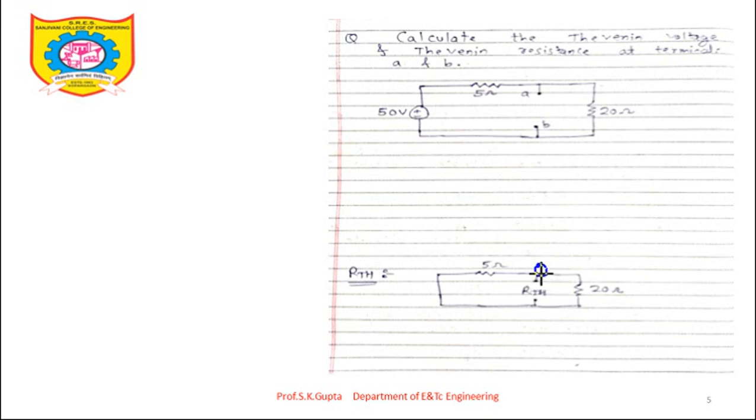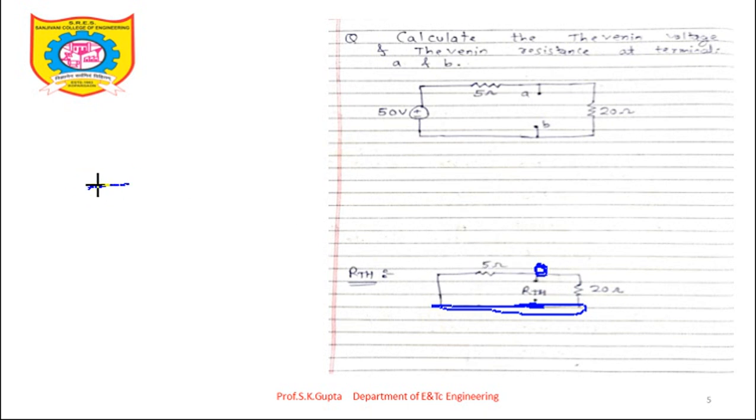If you observe carefully, this 5 ohm is sharing this node and this 20 ohm is sharing this node, as well as this 5 ohm is sharing this node and the 20 ohm is also sharing this node. That means these are sharing the same two nodes, and in that case the connection is a parallel connection. These are not in series. 5 and 20 are not in series. So we have to solve the parallel combination.